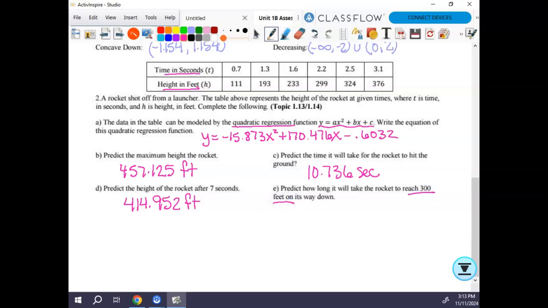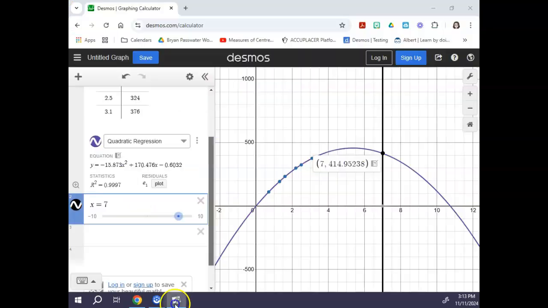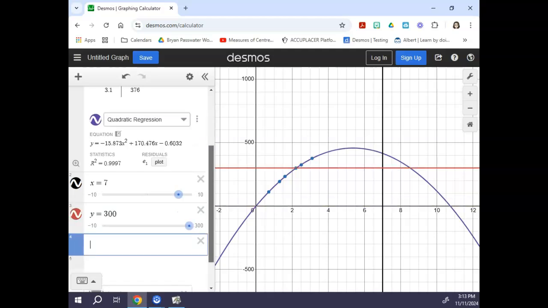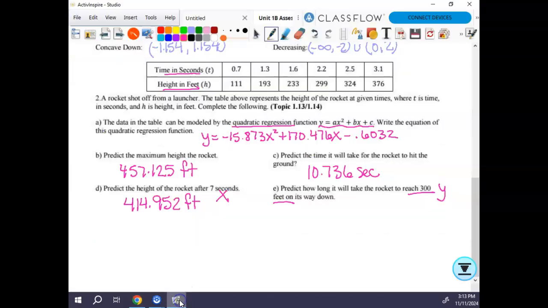And then it says predict how long it will take to reach 300 feet. Okay, so 7 seconds, that was an X value. 300 feet, that is a Y value. So when we come back over here, I'm going to type in Y equals 300. And predict how long it will take the rocket to reach it on its way down.